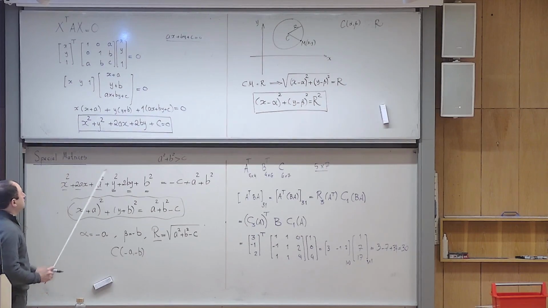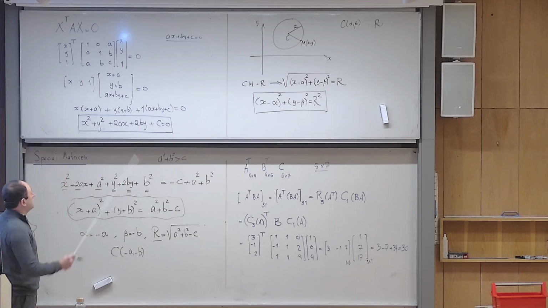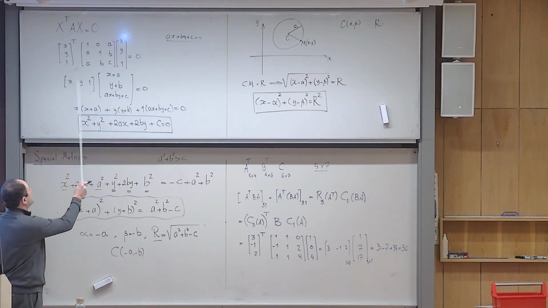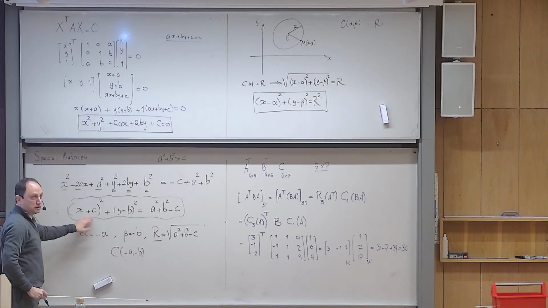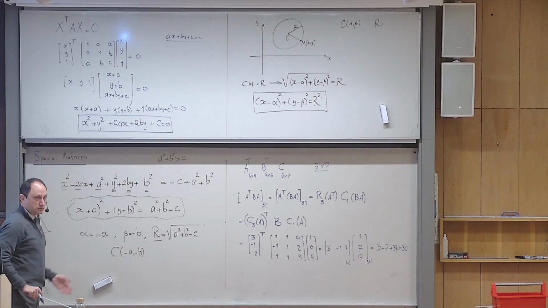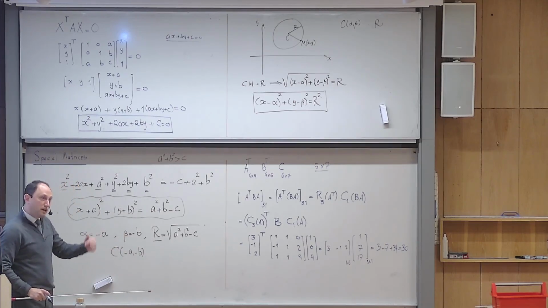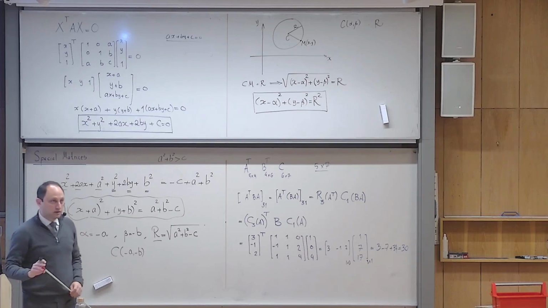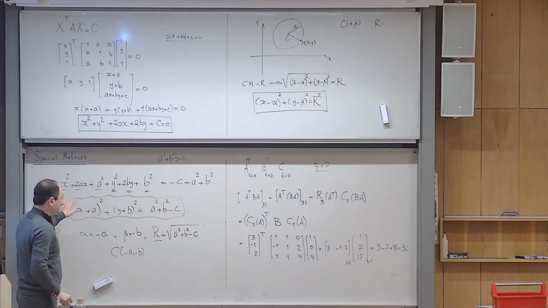Now assume that I do not have this condition. I can still do everything that I have done so far, because when I was doing these multiplications up to here, I still can do it without having that assumption. But the final interpretation will change. So in this case, I have a circle.